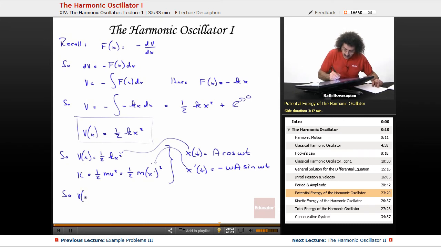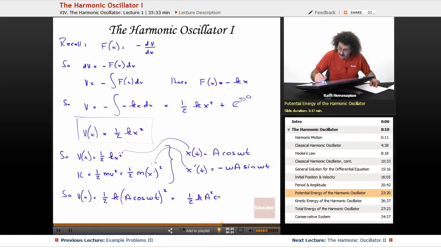So our potential energy is actually equal to 1/2 k times A cosine of omega t, squared, which is going to equal 1/2 k A squared cosine squared omega t. This is our potential energy of our classical harmonic oscillator.